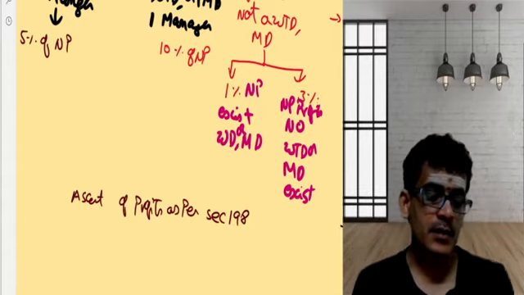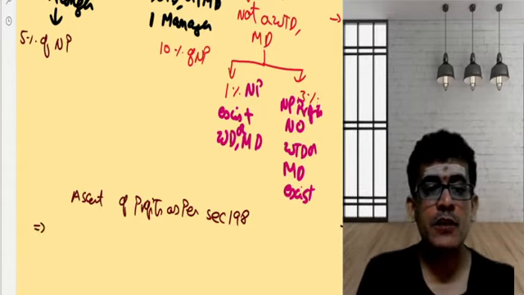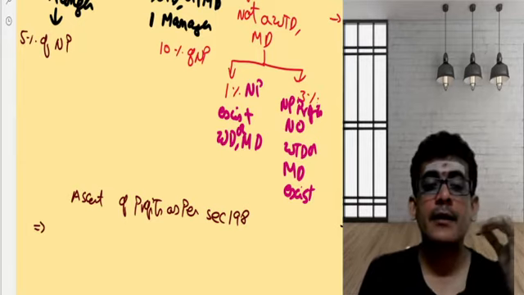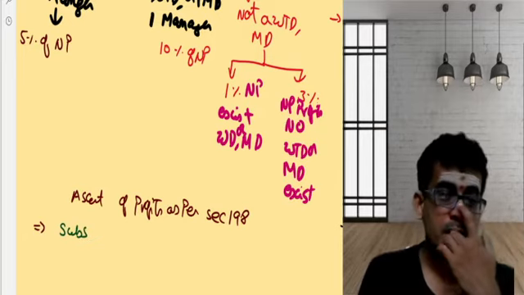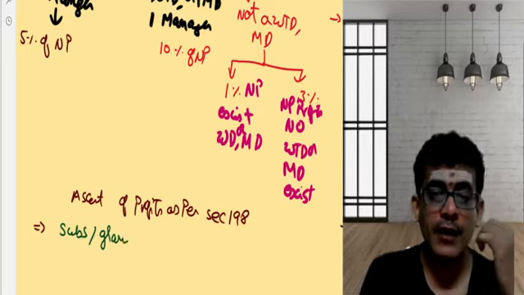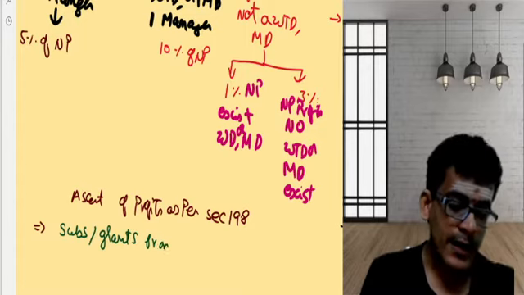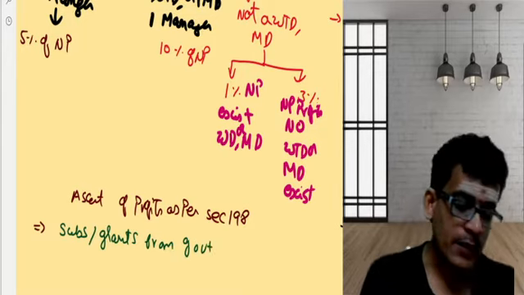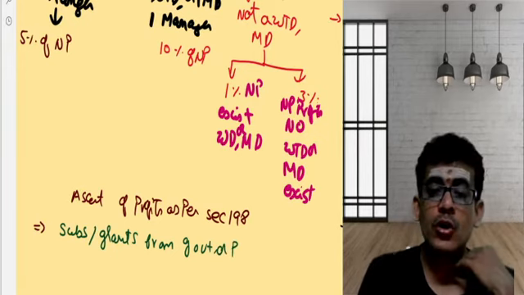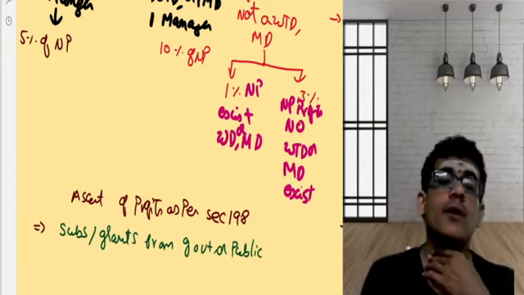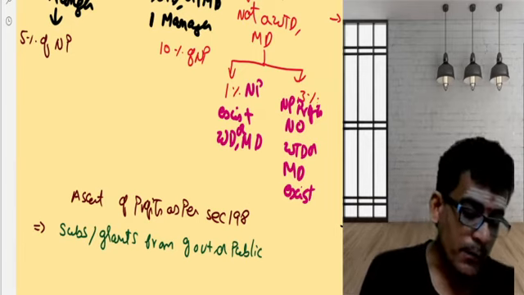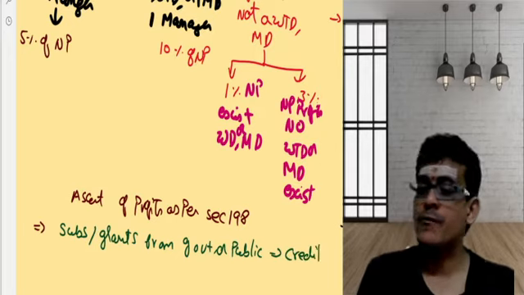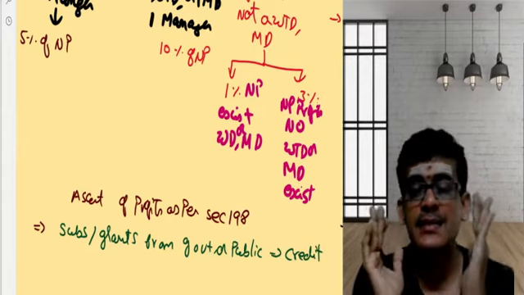So now let us see, in computation of your profits, if you are getting any sort of subsidies, any sort of grants from government or any public authority, generally this will be credited to the profit and loss account, which is allowed. You can consider that as a credit.